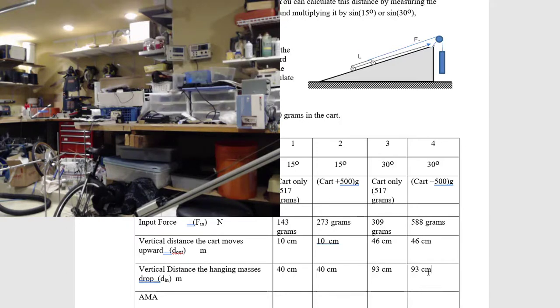Now what I want to do is redo the actual weight measurement for the case with just the cart, because I think I let it go a little too fast earlier. So I'm going to add mass.